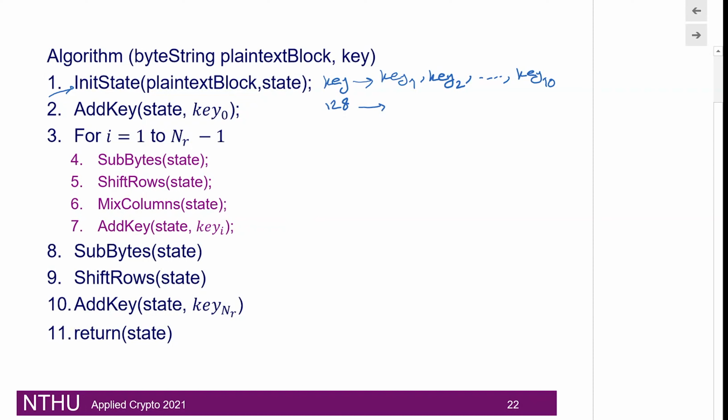Maybe I should change this one a bit. Made a mistake over here. So key 0, key 1, and key 11. And then we would need to generate 128 bits, expanded to 11 times bigger bits, right? So that is the key generation algorithm for the AES.